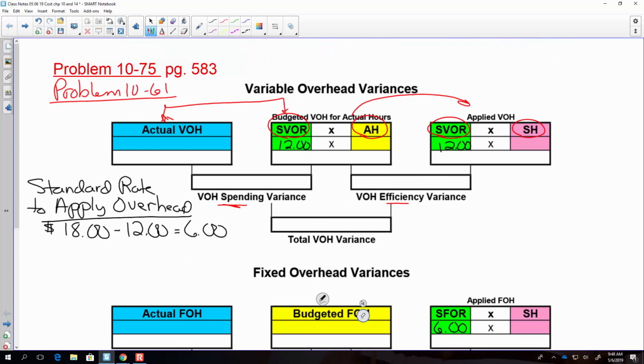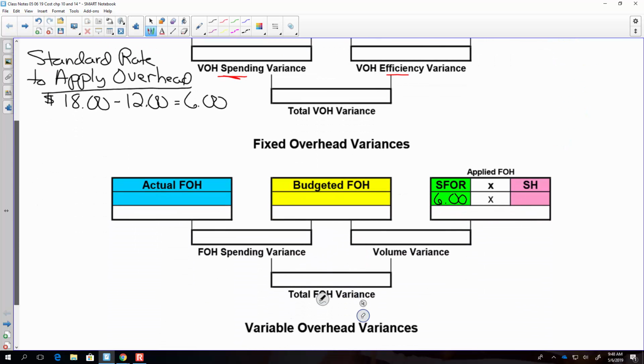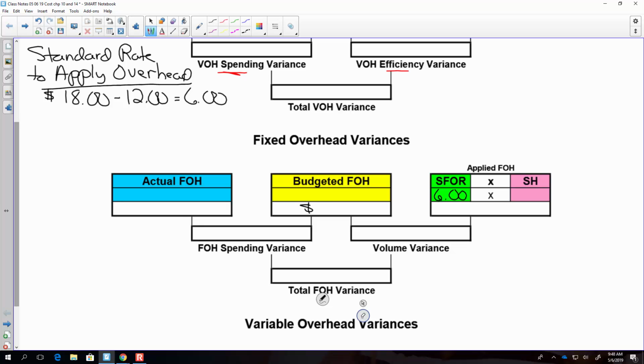The middle box. Right here. So we had the $6 standard fixed overhead rate. We have our budgeted fixed overhead costs at 180.